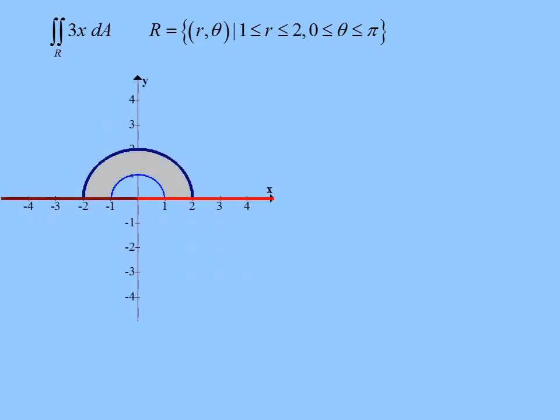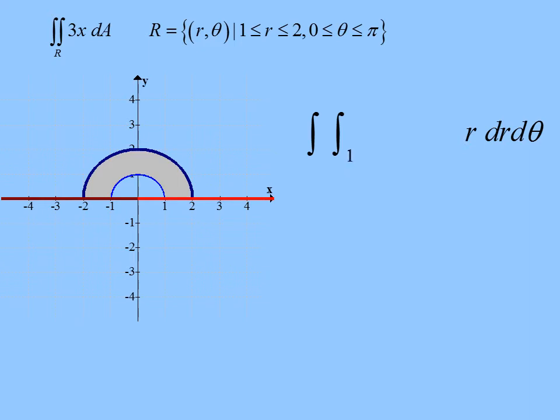Now that is going to be the circular shaped region that you see here, with r's going from 1 to 2 and thetas going from 0 to pi. Now when we set up the integral for this, notice we'll have an r dr d theta. That's just part of describing the region in polar coordinates.